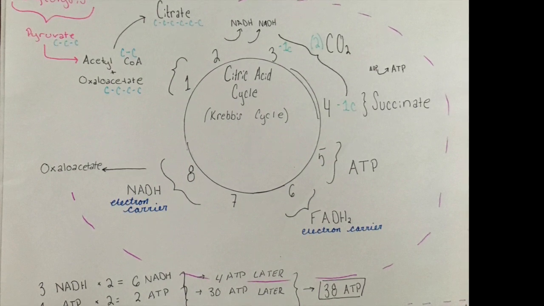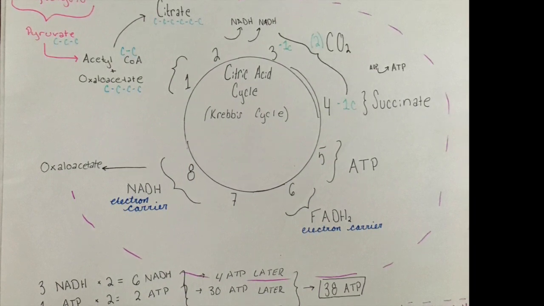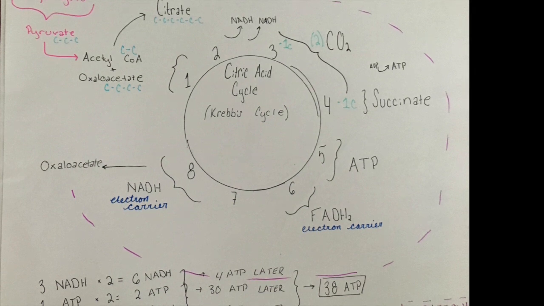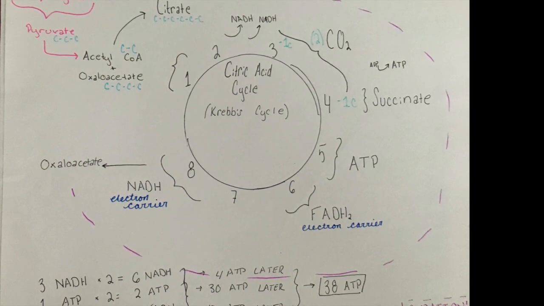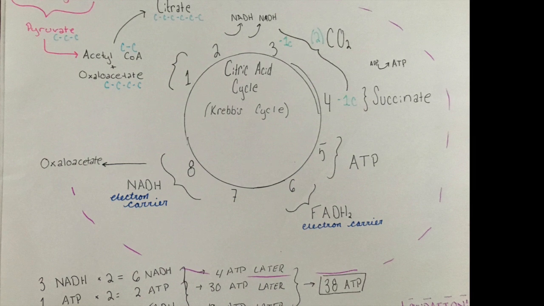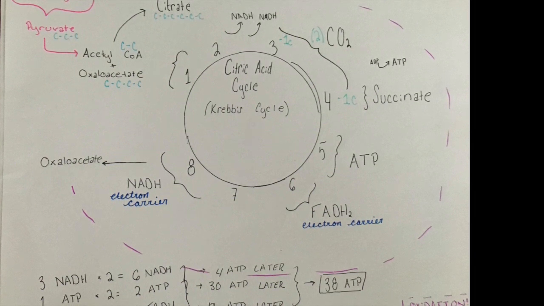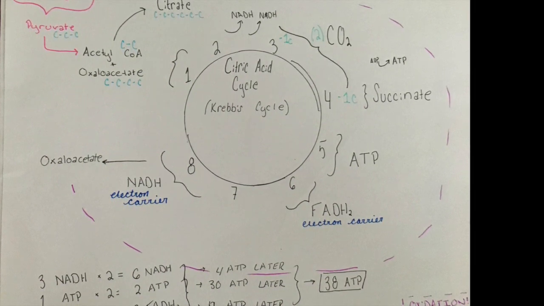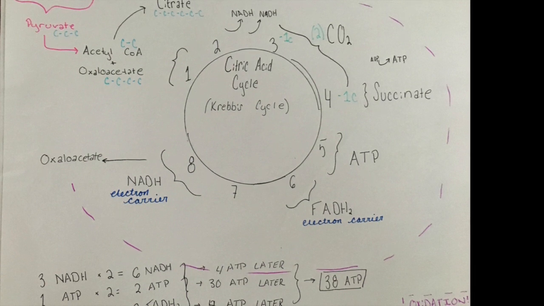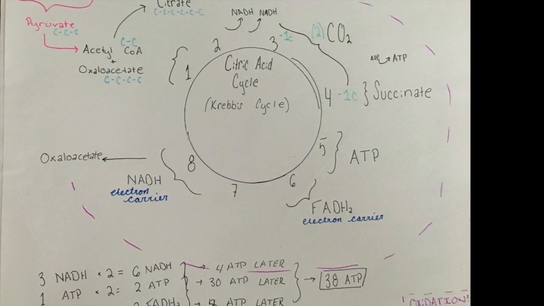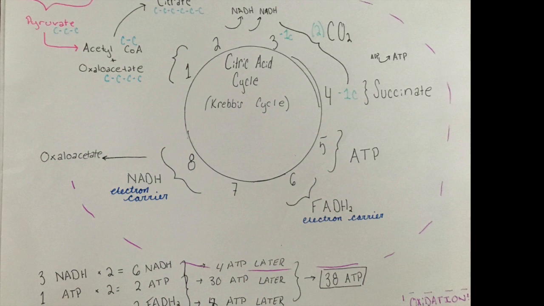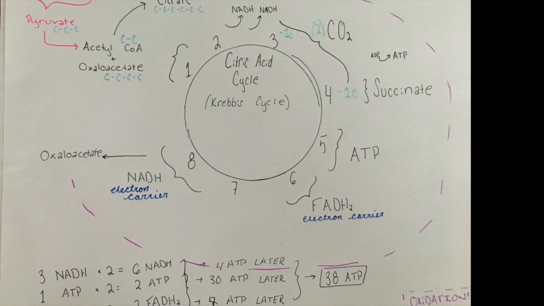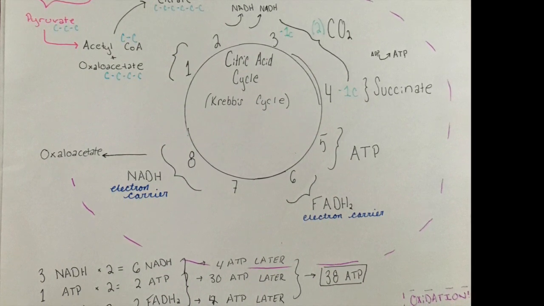Steps 2 through 8 are all reactions involving oxidation, which is the pink dashed line. Throughout steps 3 and 4, carbons are lost, and CO2 is produced with those carbons, and NADH comes out, and ATP comes out.